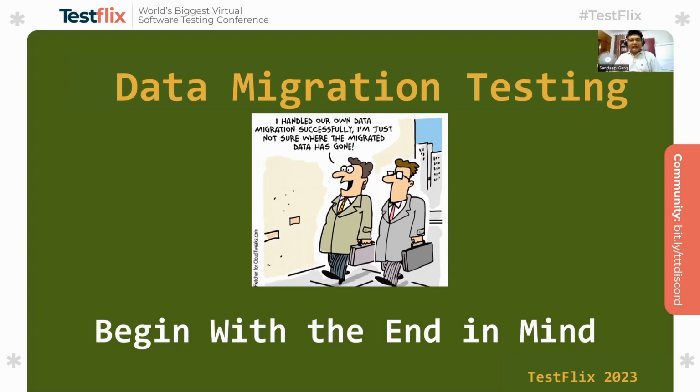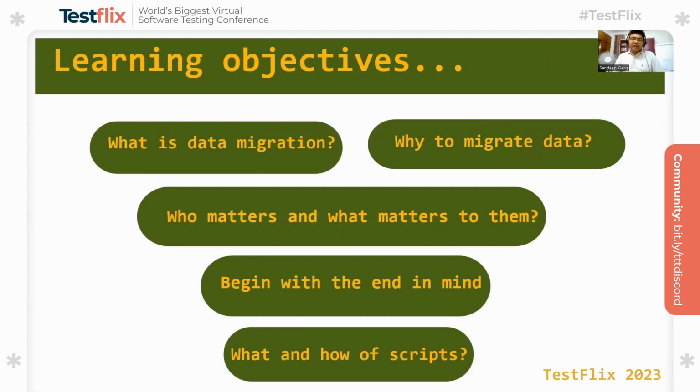These are so relatable to us as testing professionals, as well as to our day-to-day testing activities as far as planning, strategizing, and mitigation is concerned. What is today's agenda? What are our learning objectives? Today's learning objectives are what is migration testing, why we do that, who matters, and what matters to them in the context of data migration and data migration testing.